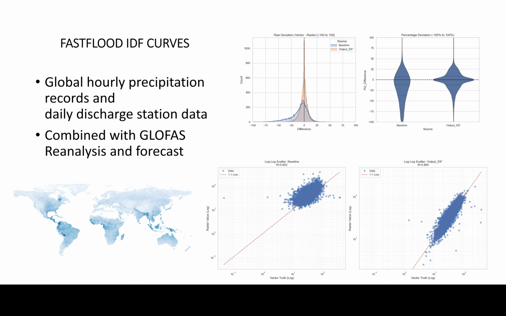And here we see that our R values go from 0.6 to 0.864, a major increase as indicated by the scatter plots at the bottom right, as well as the deviation histograms at the top there. And generally we see that the bias correction procedure there is able to improve the match between the observation station data and the global gridded data set significantly.